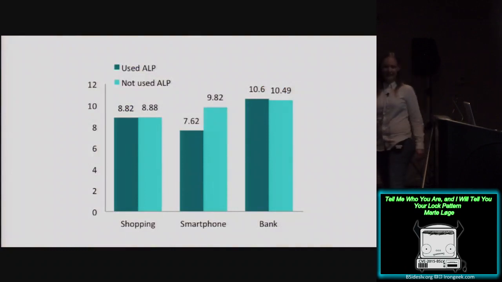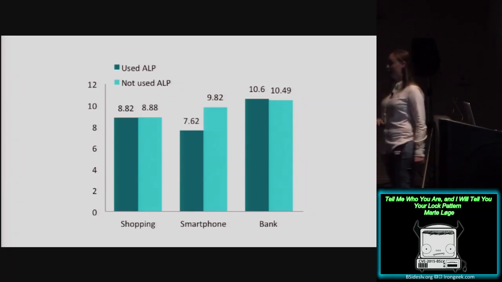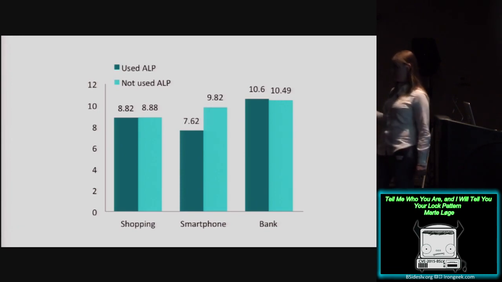I just really like this graph, because the dark ones are people that have used the Android pattern lock before, and the light ones are people that have not used it before. And as you can see, for the patterns created for a shopping account and a banking account, the numbers here are the reaction time, the time they used to create the patterns.